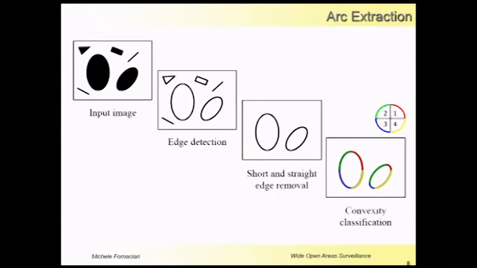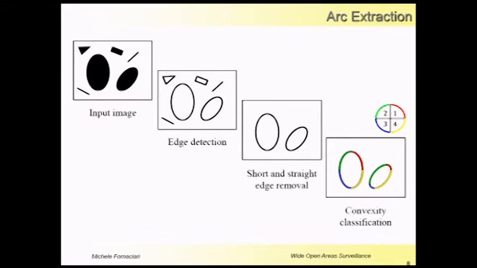I'll guide you through the algorithm with a toy example. If I want to find the ellipses in this image, first I have to do an edge detection step, and then I have to remove short edges because they are mainly due to noise, and I have to remove straight edges because obviously they cannot belong to an ellipse. Then I label together connected edge pixels that share the same coarse convexity direction.